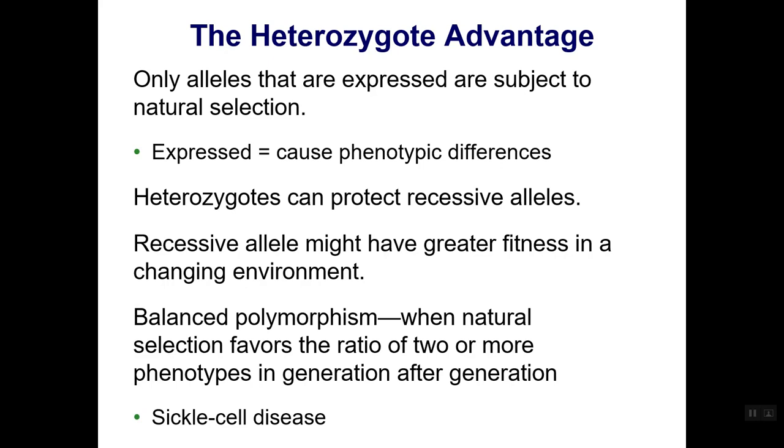All right, so only alleles that are expressed are subject to natural selection. What does that mean? If an allele is expressed, then it is visualized, it's seen. So for example, let's go to eye color, pretending it's a monogenic trait again. If big E is brown eyes and little e is blue eyes, and let's say that my genotype for eye color is big E, little e, then that makes me heterozygous, correct?